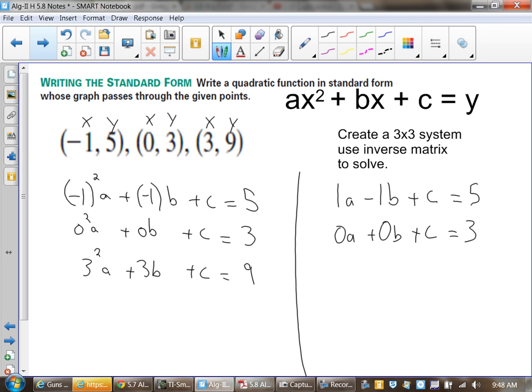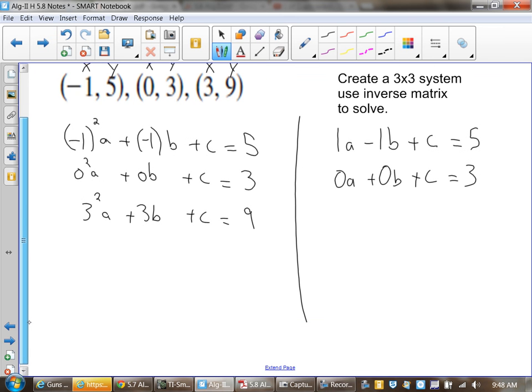So that equation would look like, well, what's 3 squared? I have 9a, and I'm sorry that my 9s and my a's might look a little bit the same, plus 3b plus c is 9. So now you have a 3 by 3 with 3 solutions.